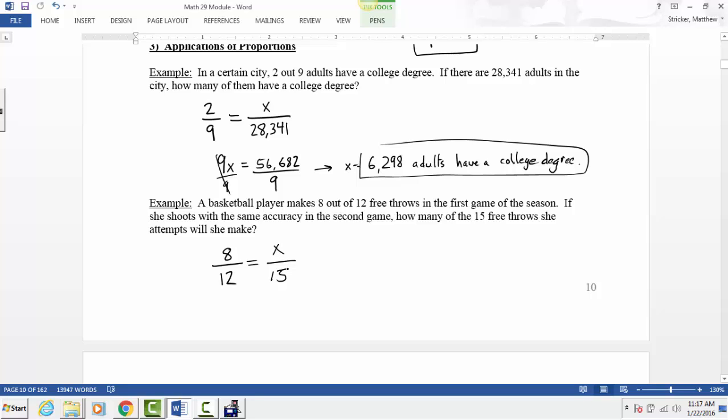So we do the same thing. 8 times 15 has to be equal to 12 times x. 8 times 15 is 120. And then if we divide both sides by 12, we get that x is equal to 10.